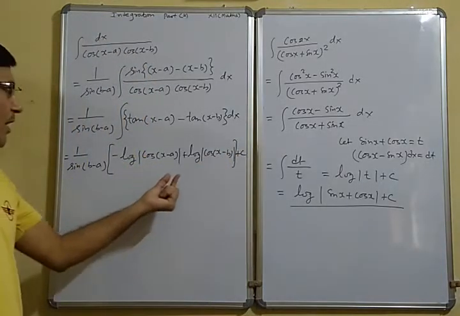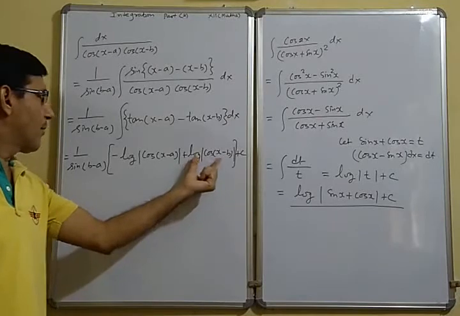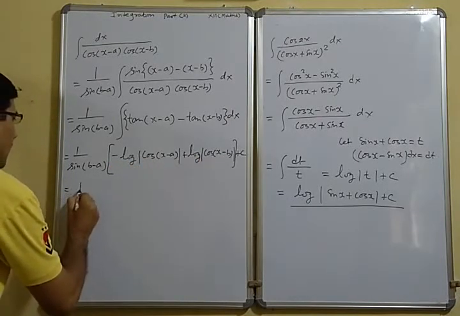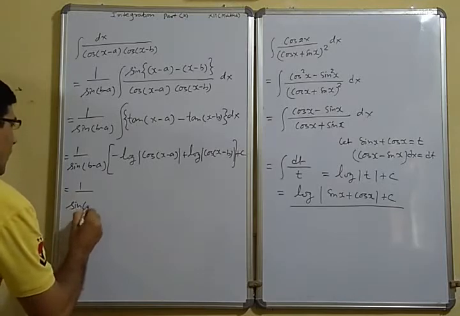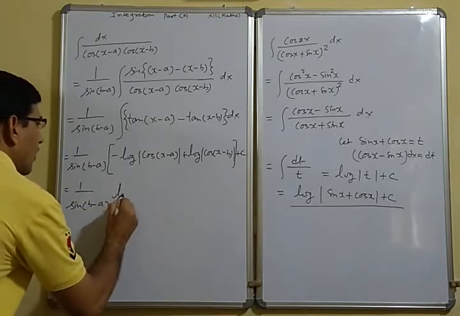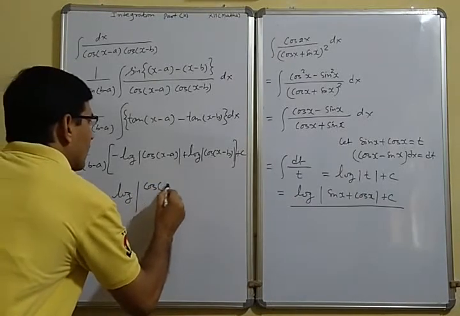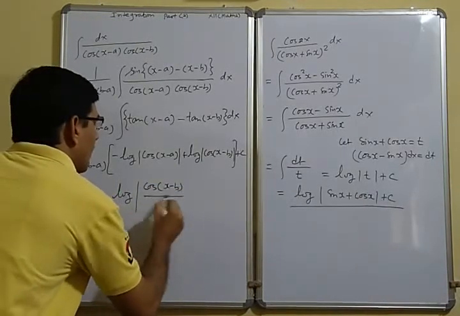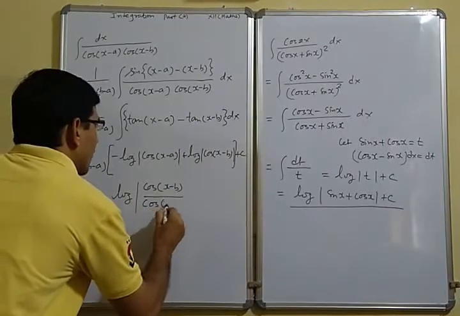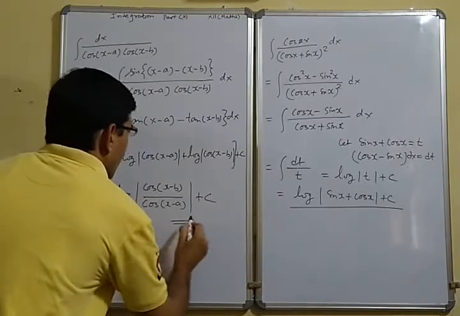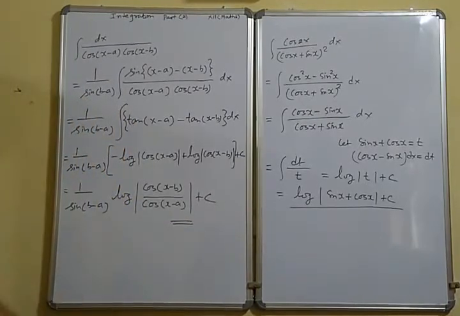Again we'll use the formula of logarithms: log a minus log b becomes log of a upon b. So this becomes 1 upon sin(b minus a) log of cos(x minus b) upon cos(x minus a) plus c. So that is that.